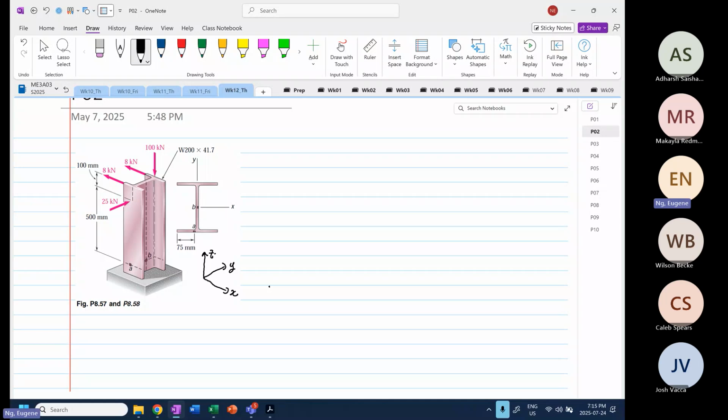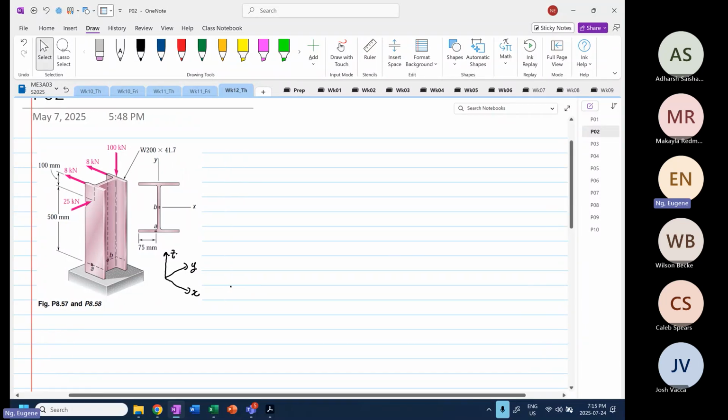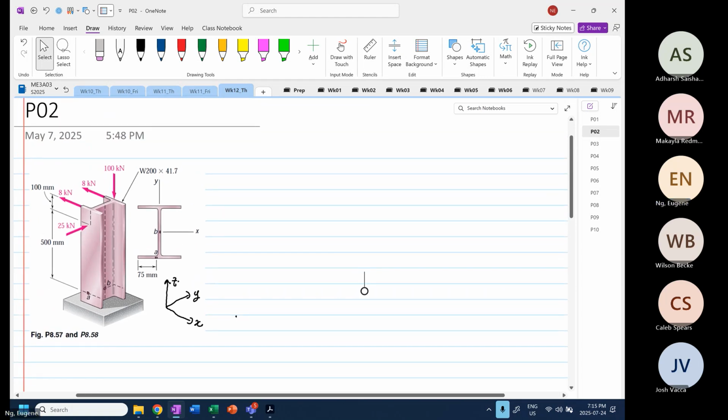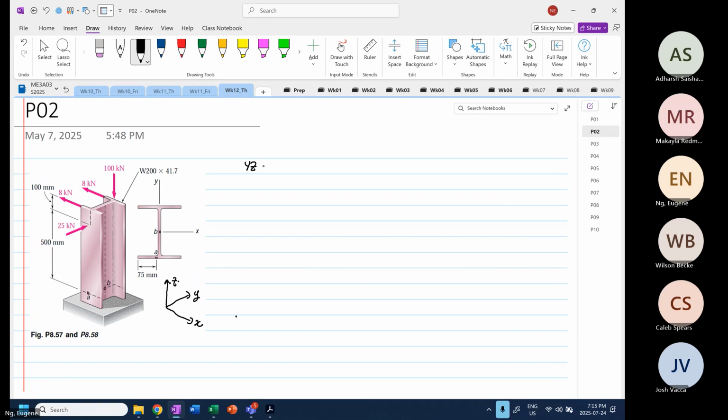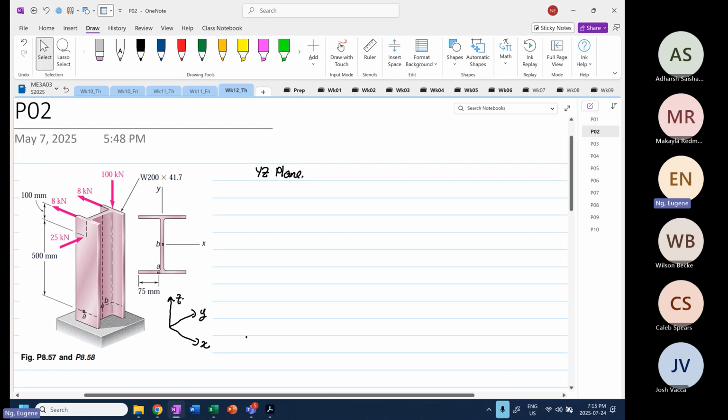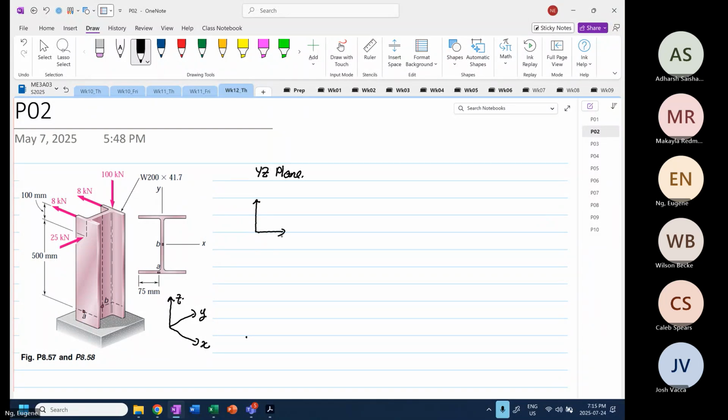Okay. So we are going to look at our planes first. So we are going to look at our YZ plane. So if we were to consider a YZ plane, right?